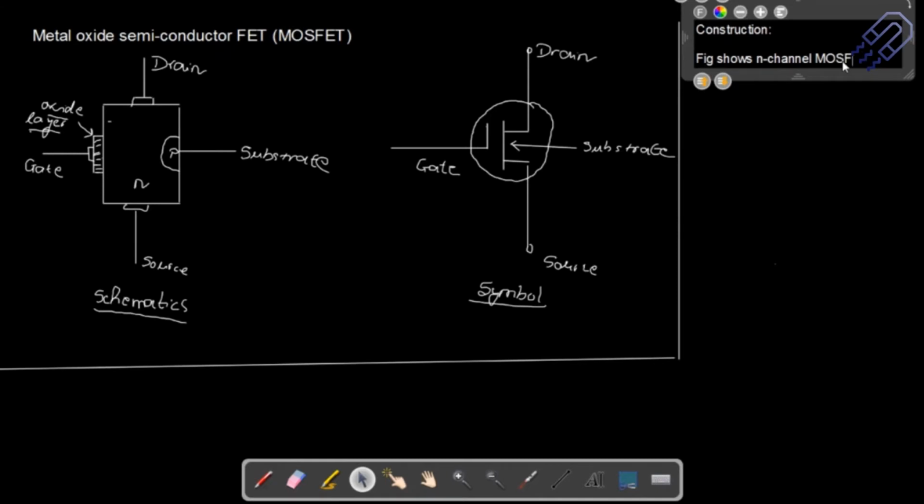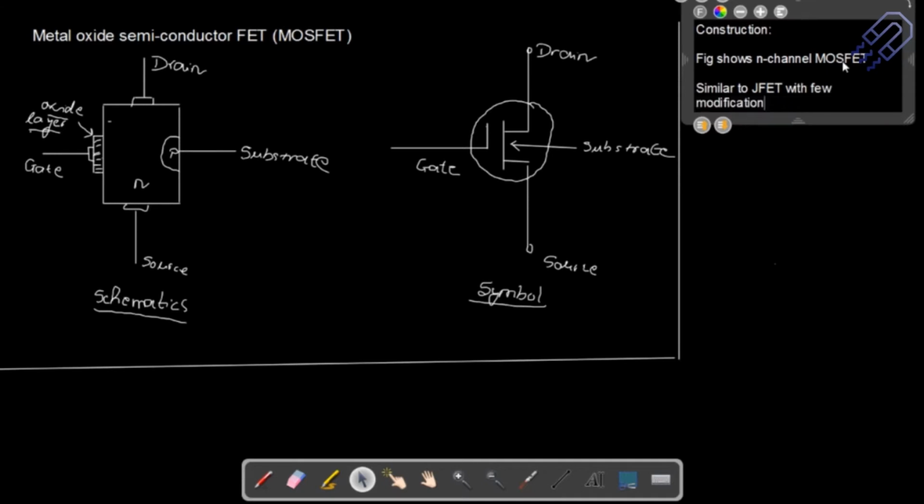So you have to see this first. We're actually doing an n-channel MOSFET, and it is basically similar to JFET, with a few modifications. I'll point out the modifications, and then it's easier to understand how it exactly works.